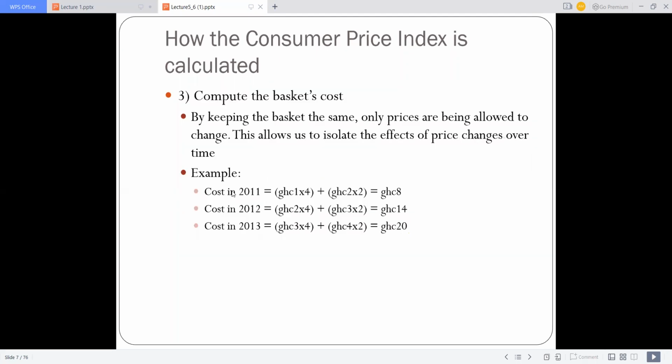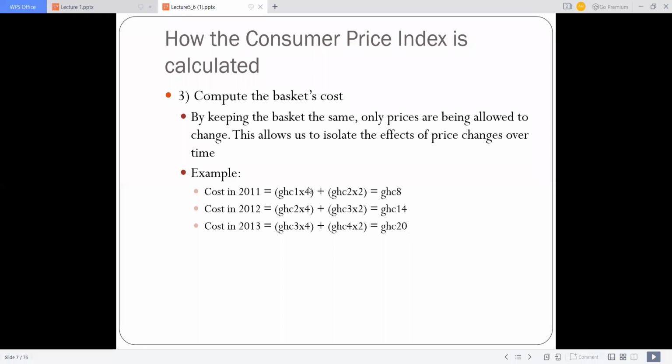So in 2011, you're going to multiply the price of 1 Kenke by the quantity of Kenke. They said 4 Kenkes, and how much is it? 1 cedi. So 1 times 4.